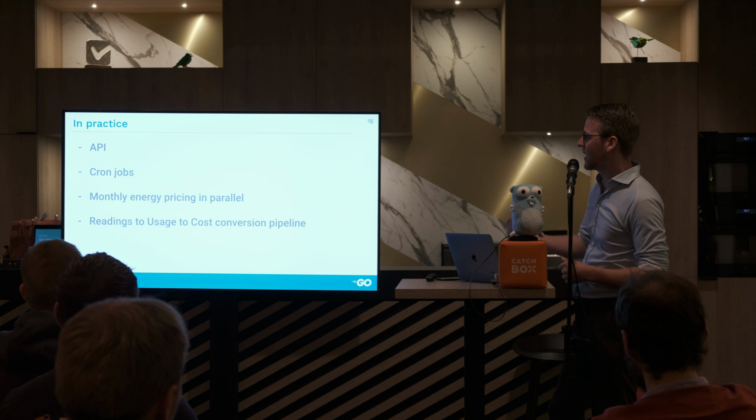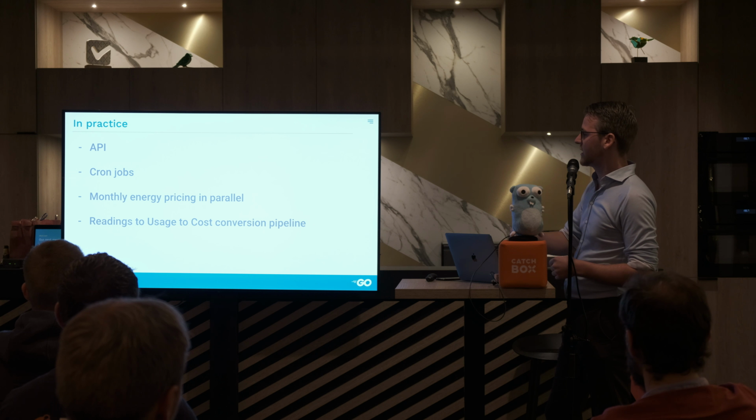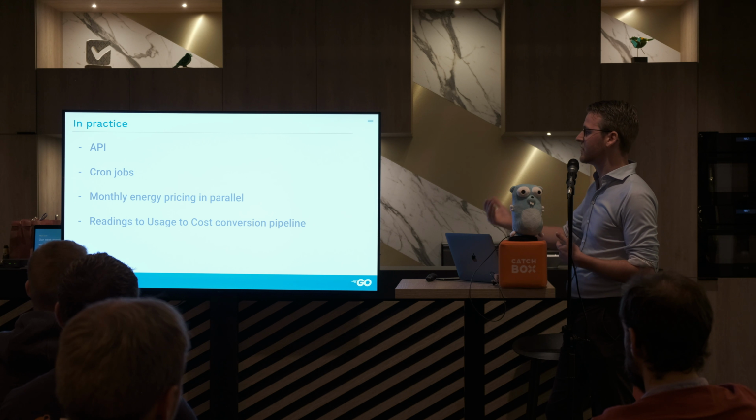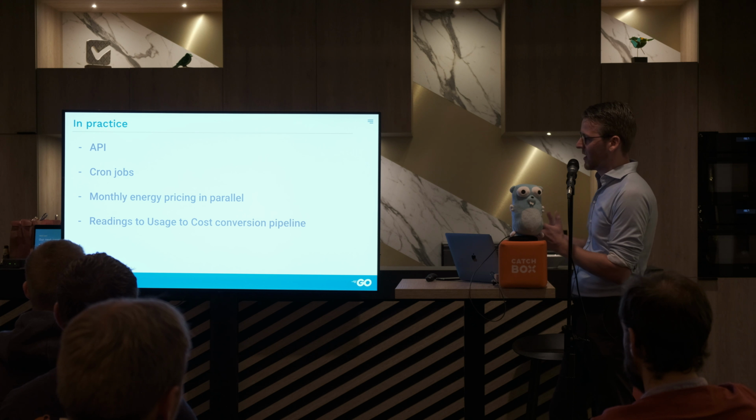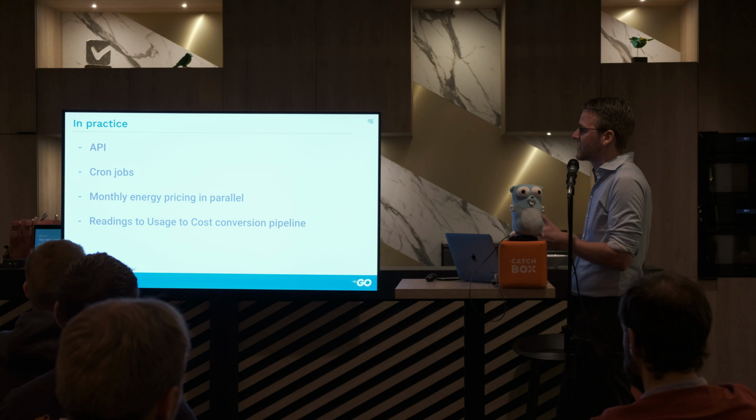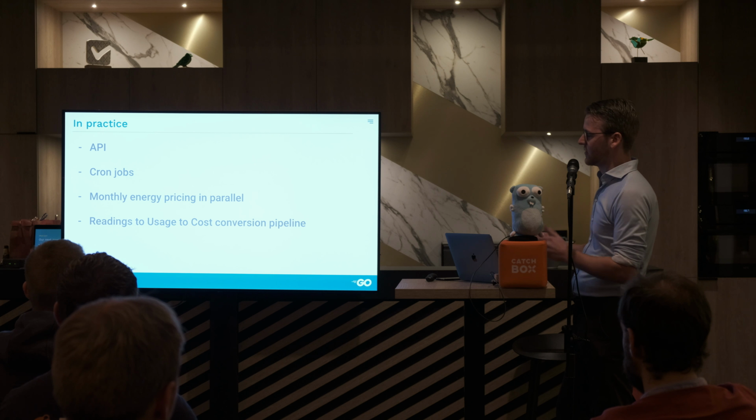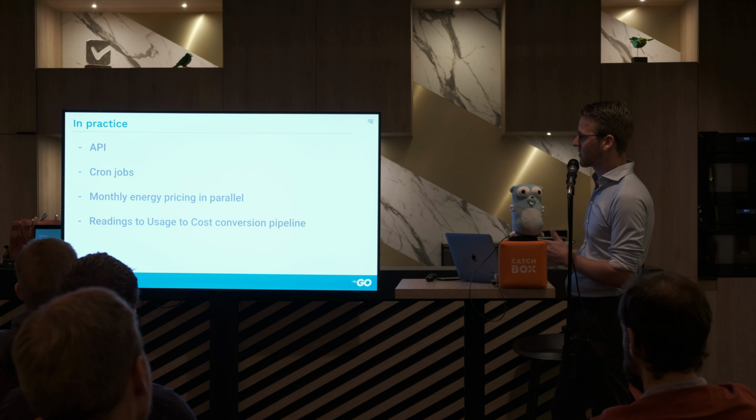Another one is the pipeline, when we convert readings that we retrieve from houses to whatever usage they are really using, so the difference between those readings, and then calculate cost from them.